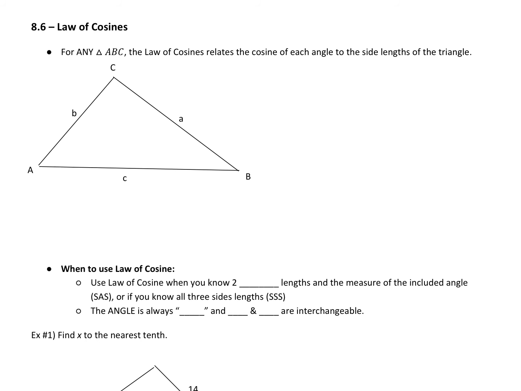For one of them, your calculator is going to do all the work for you. For the other one, not so much. So here we go. Law of cosines. Again, notice not a right triangle. Just like law of sines doesn't use a right triangle, law of cosines does not need to be a right triangle either. In fact, all the ones I give you are not going to be right triangles.